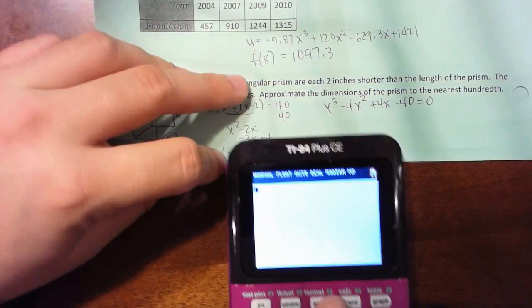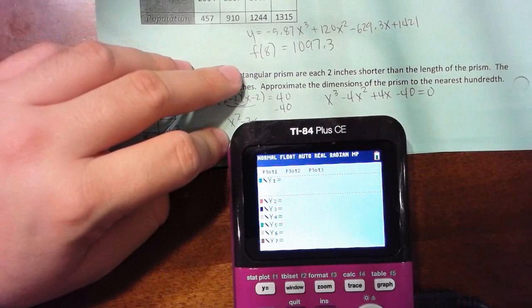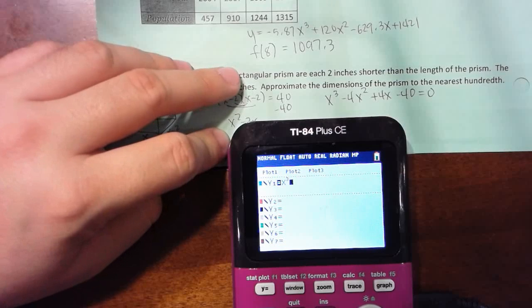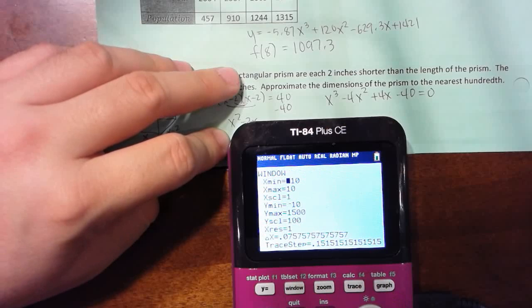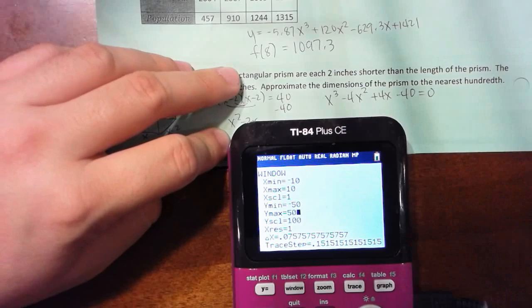Now, I can take that equation. I don't have to do it by hand. I can plug it into my graphing calculator. I probably don't need my window to be at 1500 anymore, but maybe negative 50 to positive 50, and I say that because that last number is negative 40.